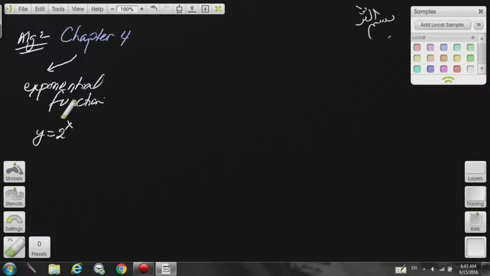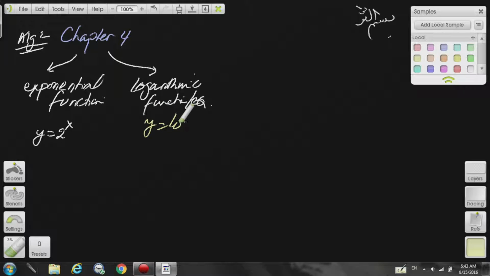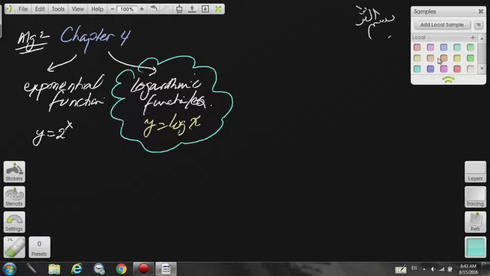And the second part talks about logarithmic functions and equations, like y equals log of x, etc. So today we should explore these concepts.